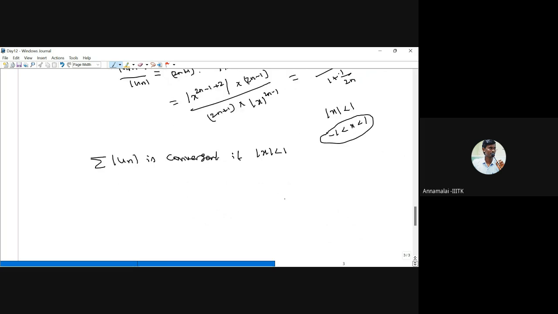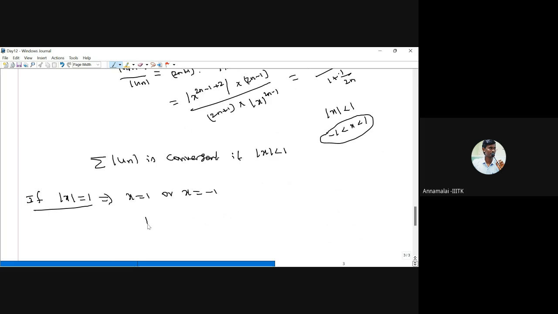If mod x equal to 1, then what will happen? There are two cases, either x equal to 1 or x equal to -1. In this case, if we substitute x equal to 1 in the given series, then what will you get?